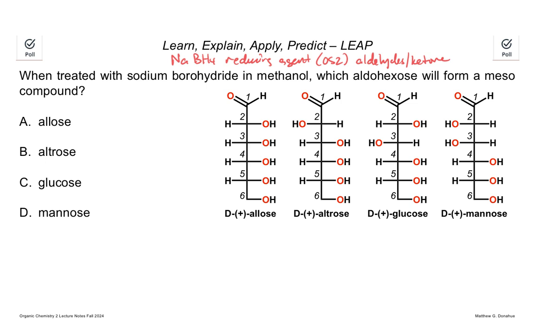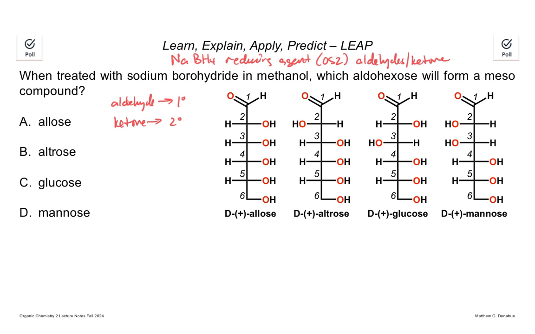An aldehyde reduced with sodium borohydride becomes a primary alcohol. A ketone becomes a secondary alcohol.